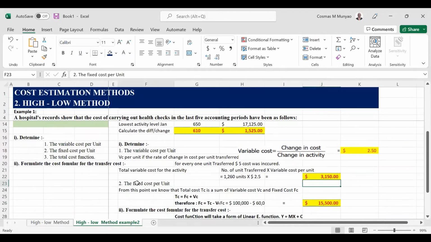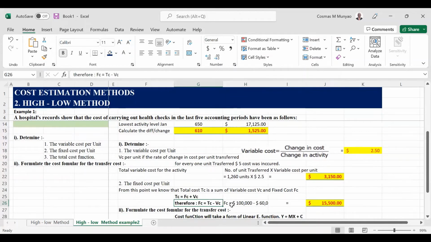From this point, we know that the total cost is the sum of variable cost and fixed cost. Therefore, fixed cost is equal to total cost minus variable cost.